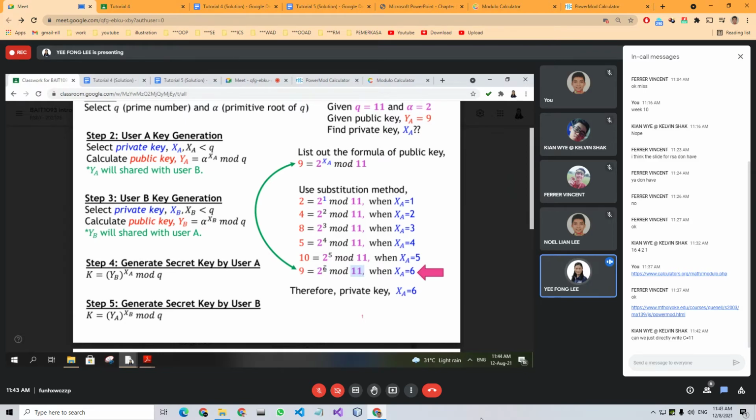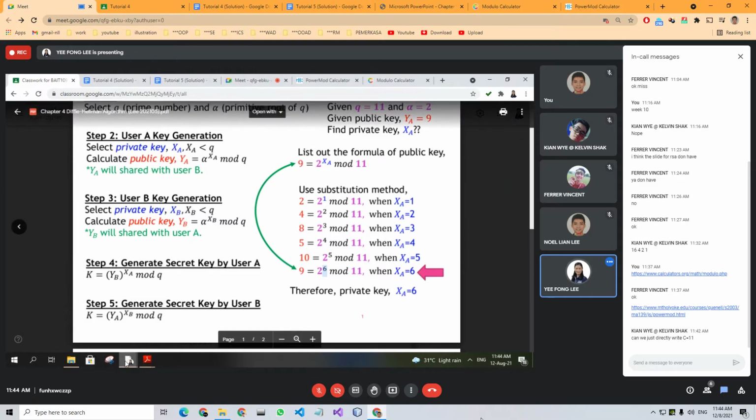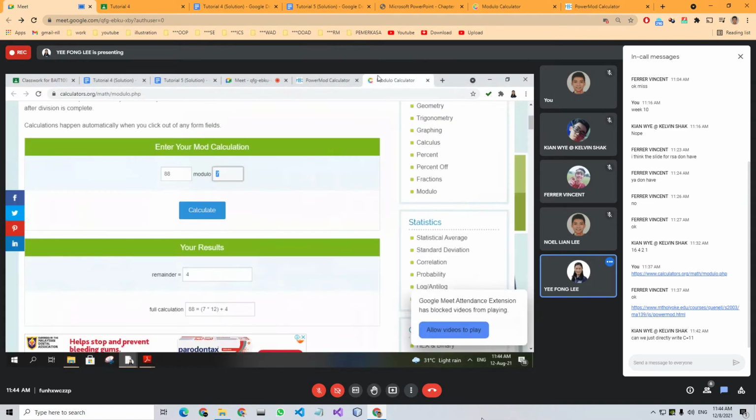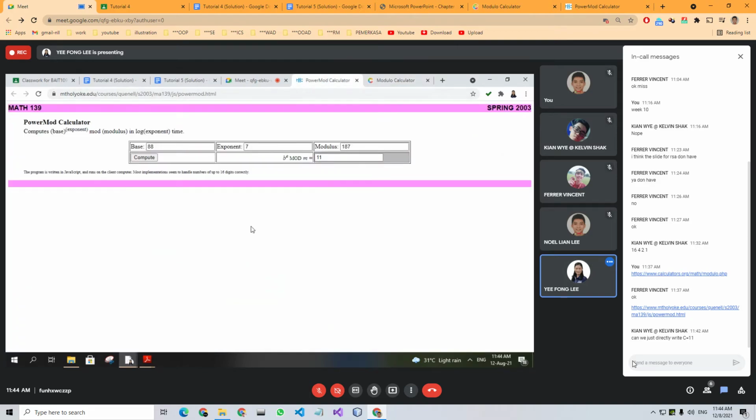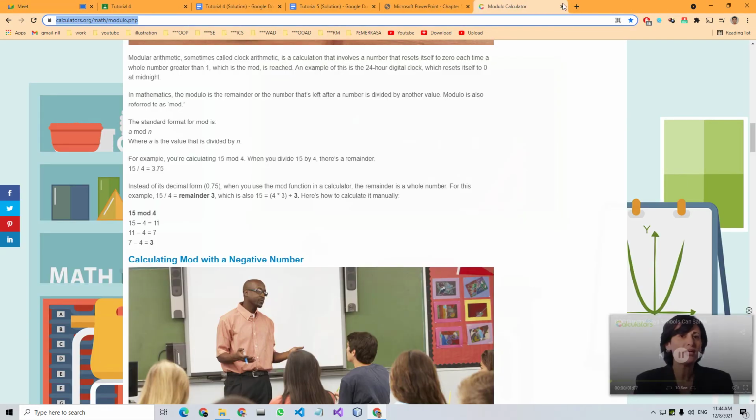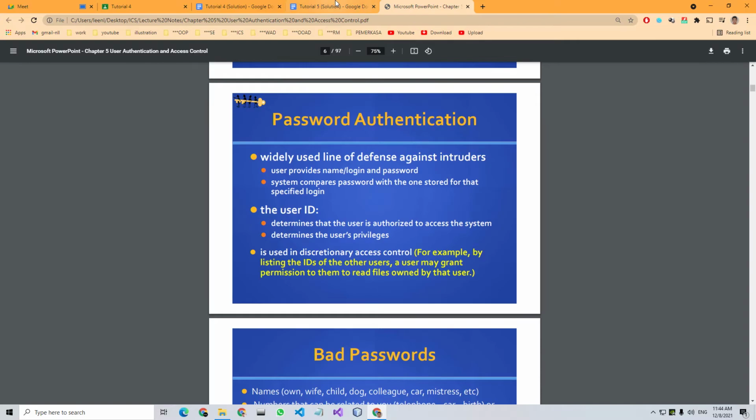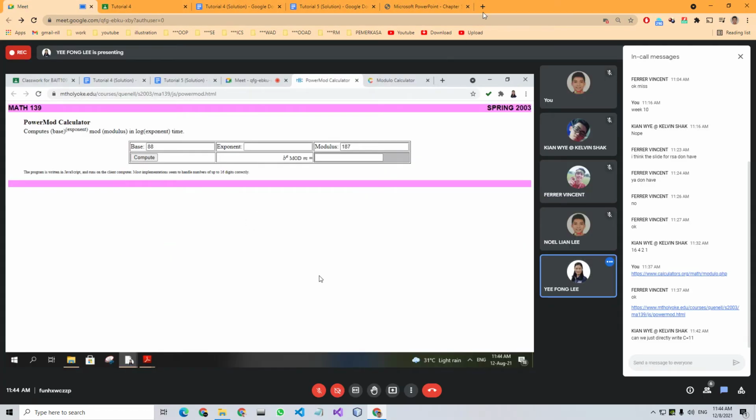We need to find the exponent. Can we use this? The exponent is not here, right? How about if the exponent is not there? Then cannot count already. We need to find one tool online to do that. There is one available, but I let you all find first.